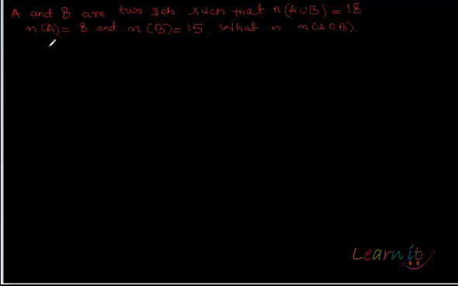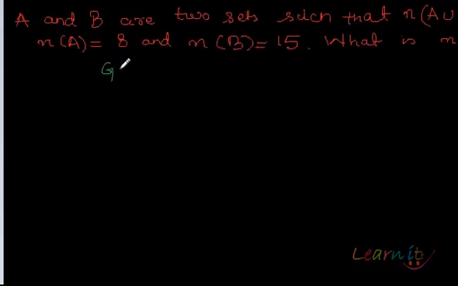In the following question, what are we given? We are given two sets A and B such that the number of elements in the union of the two sets is 18, and individually the two sets have the following number of elements. A has 8 and B has 15.